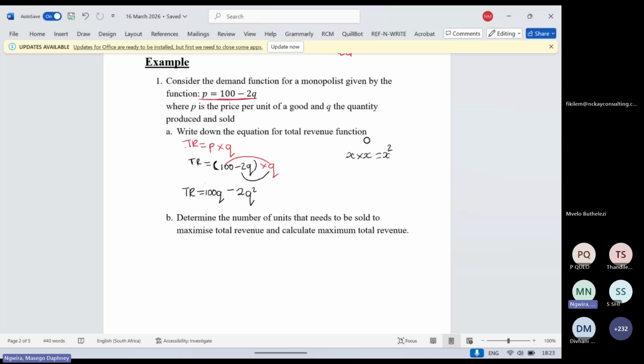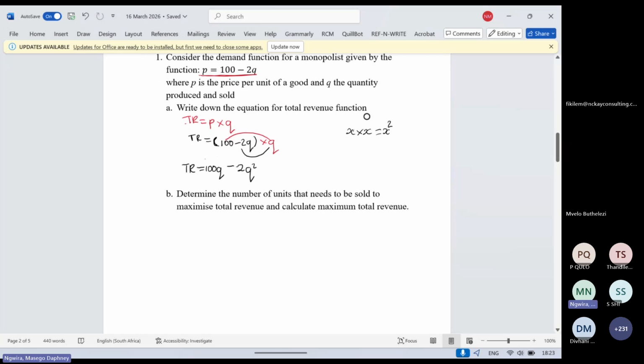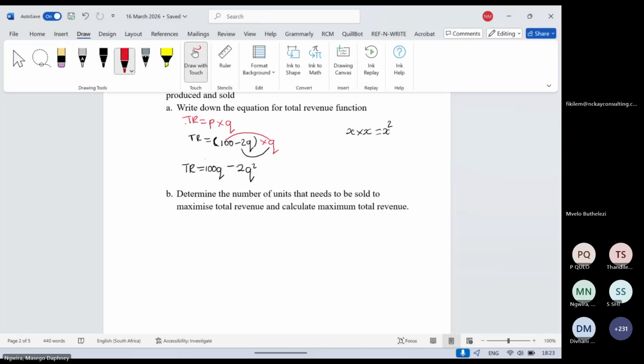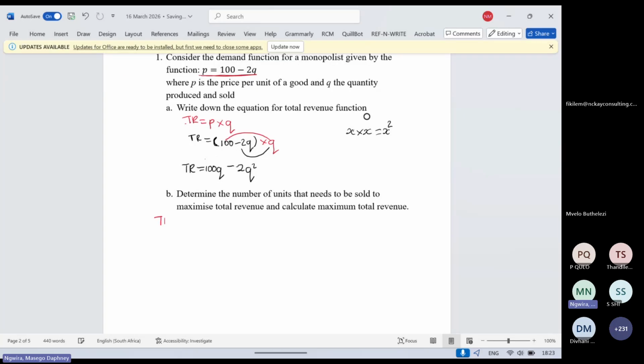If you can remember, I said that TR is a maximum at its turning point. That's where the total revenue is at its maximum.